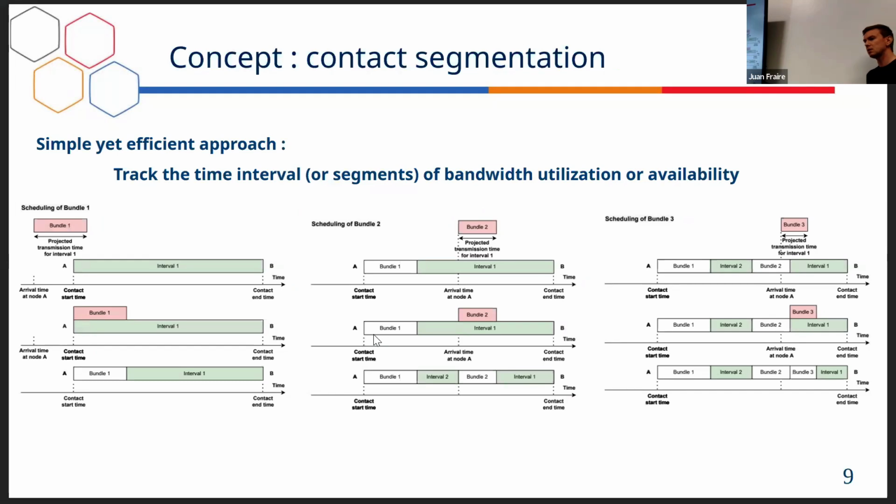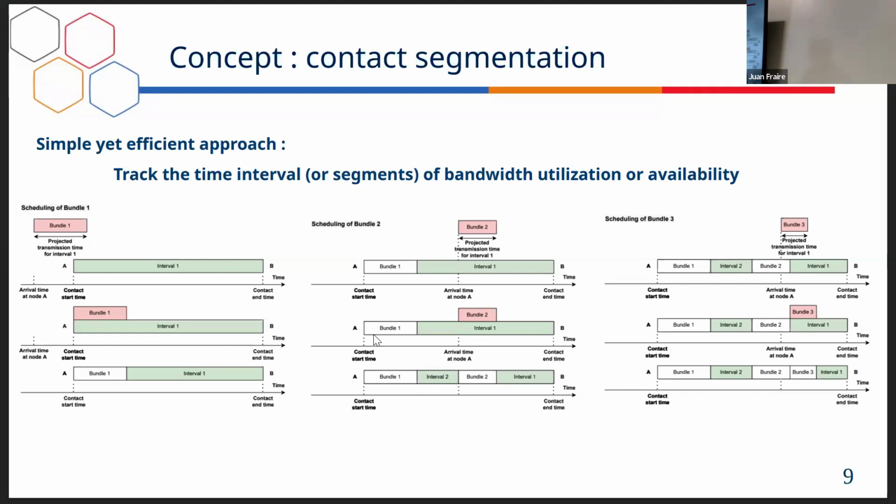So for the volume management itself, what do we propose? Well, we could track accurately the utilization of the contact in a timely way. So here you have in green the time interval of bandwidth availability, and when you try to schedule the bundle, you calculate the transmission start time, and you just reduce a time segment if you are transmitting from the beginning of the segment.